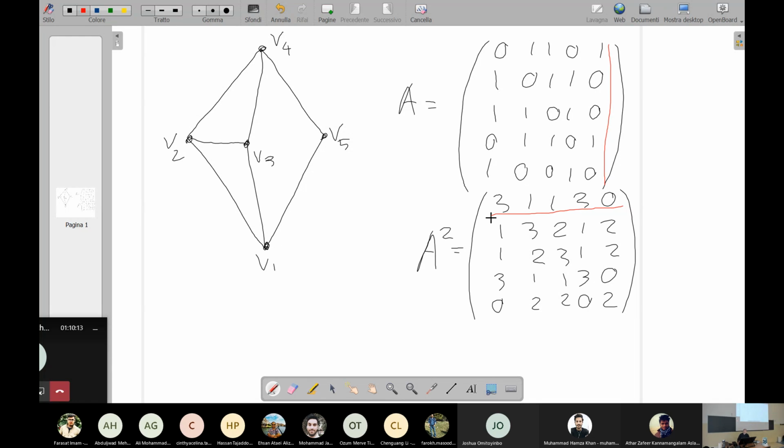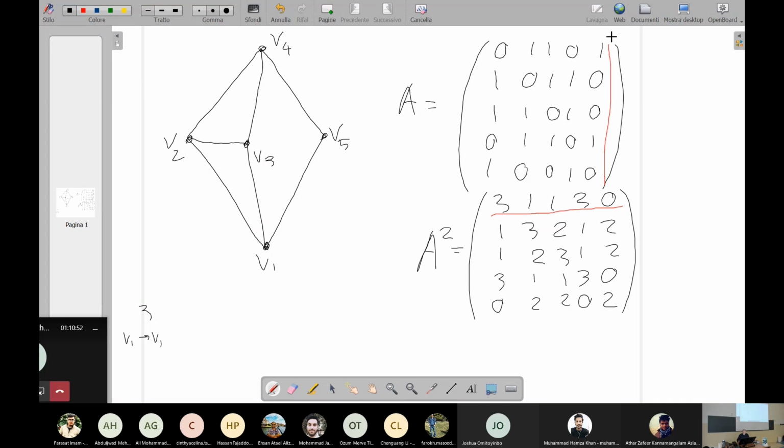Okay. Do I have an edge from V1 to V5? Yes. Okay. Because if I do the row by column multiplication, I'll have this.